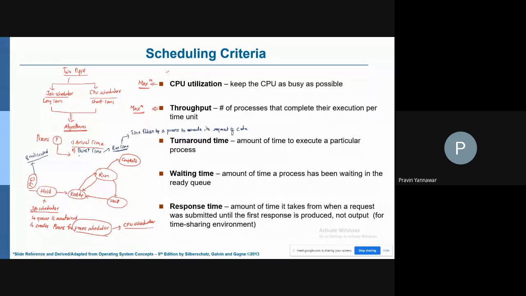So burst time is really very important. Every process has an arrival time.